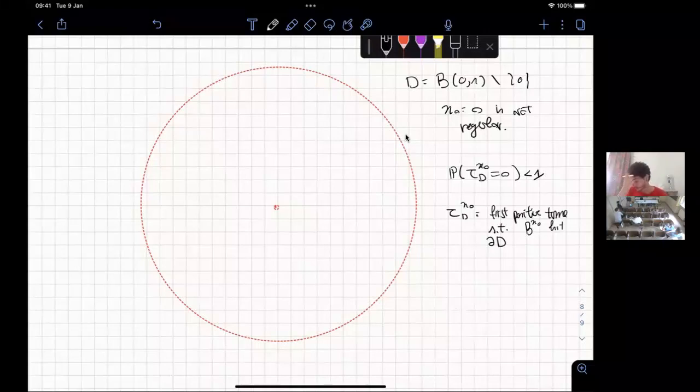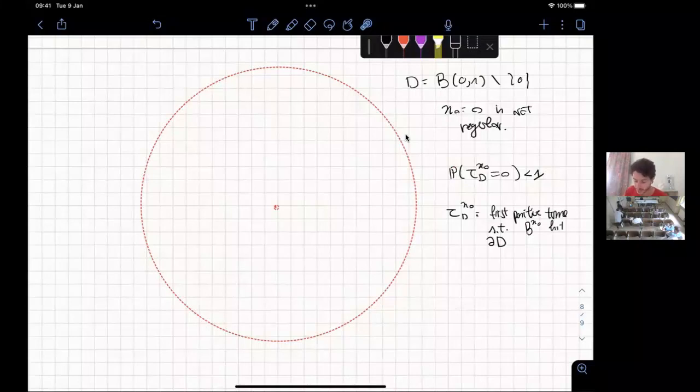And what does it mean that the probability of this being equal to 0 is equal to 1 or smaller than 1? Asking that to be equal to 1 is basically saying that when you start, you already died. So when you let the time move just an epsilon, you already touch the border.